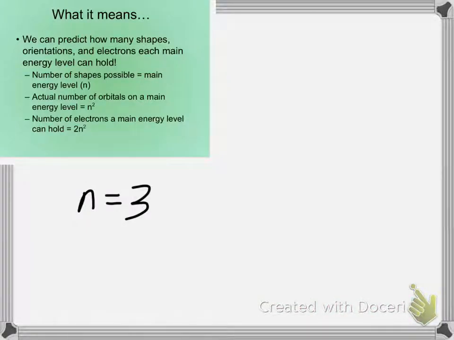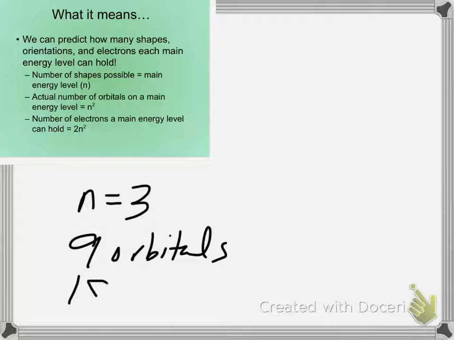How many actual orbitals will there be on n equals 3? N squared, 9. So n equals 3 has 9 actual orbitals. How many electrons then? 18 electrons.